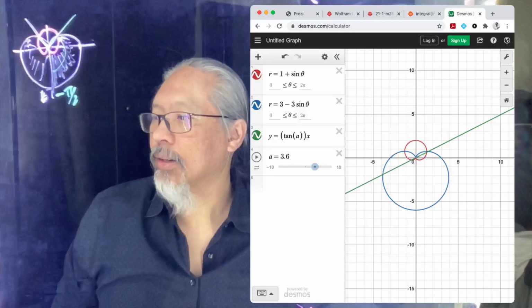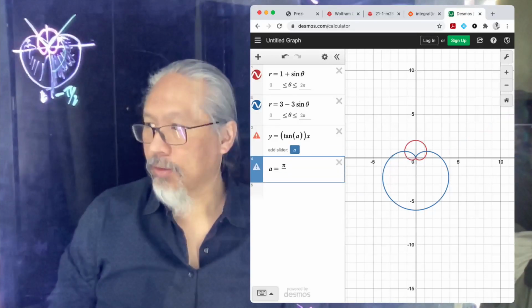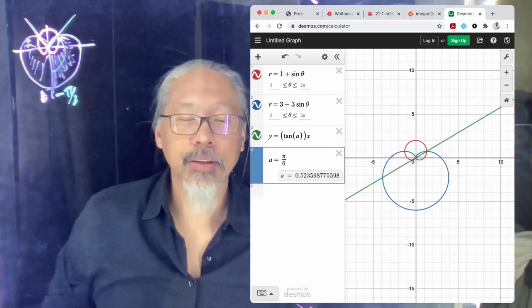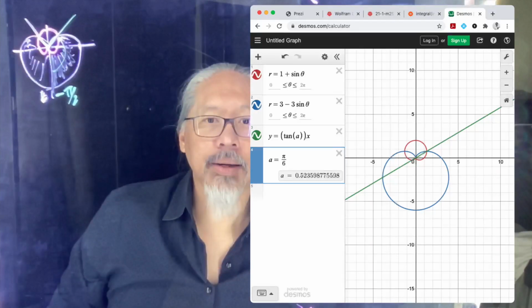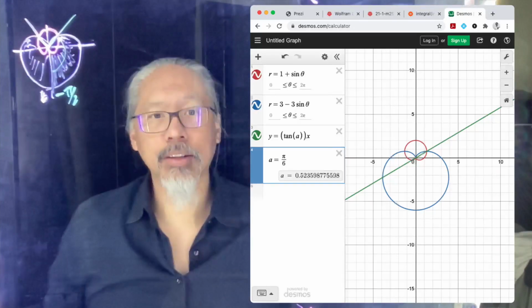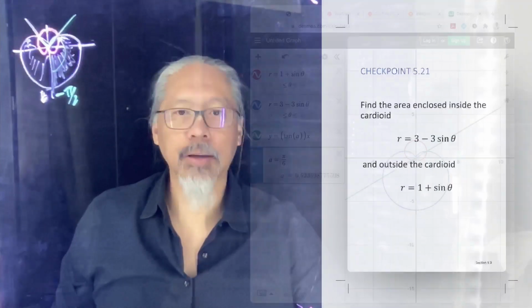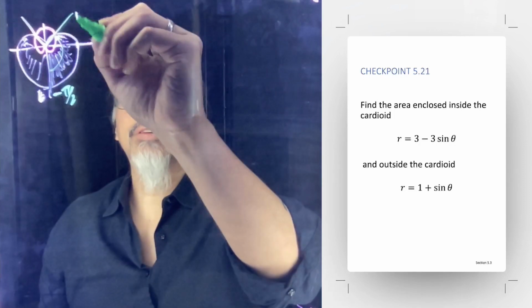In any case, I'm going to guess that this is going to be pi over 6. If I type pi over 6 in for the value of A, you'll see that it does look like it hits that intersection. But again, you can set those two functions equal to each other to see that you get pi over 6. So let's mark this as pi over 6.